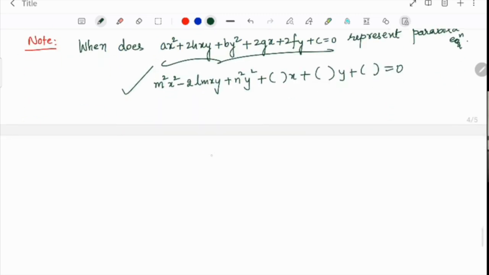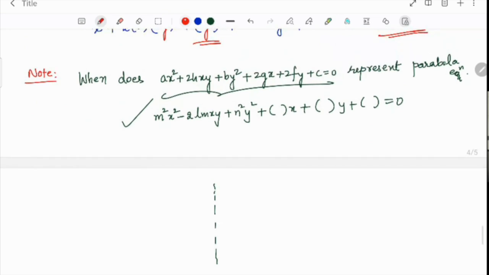Two ways of thinking. First way, equate the x² coefficient: here a is l², and equate the y² coefficient: b is m². Equate the xy coefficients: -2lm is equal to 2h. So -lm is equal to h.